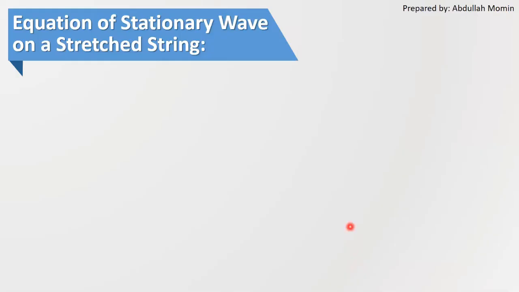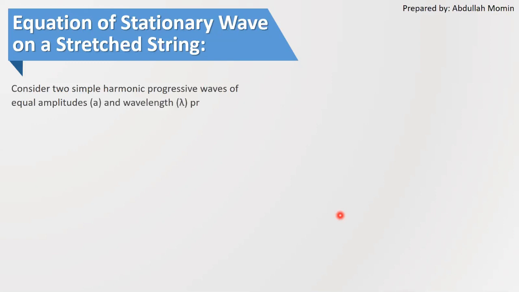A stationary wave basically forms when two simple harmonic progressive waves traveling in opposite directions superimpose with each other. Now consider two simple harmonic progressive waves of equal amplitudes A and wavelength lambda propagating on a long uniform string in opposite directions.